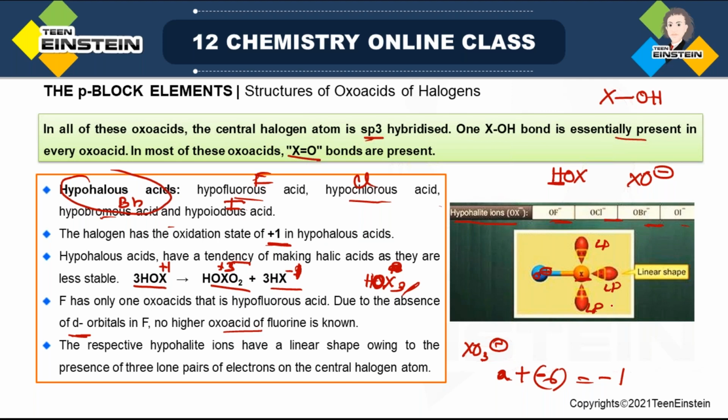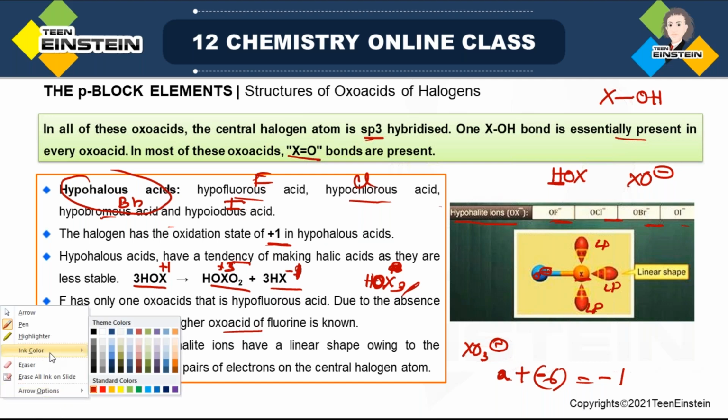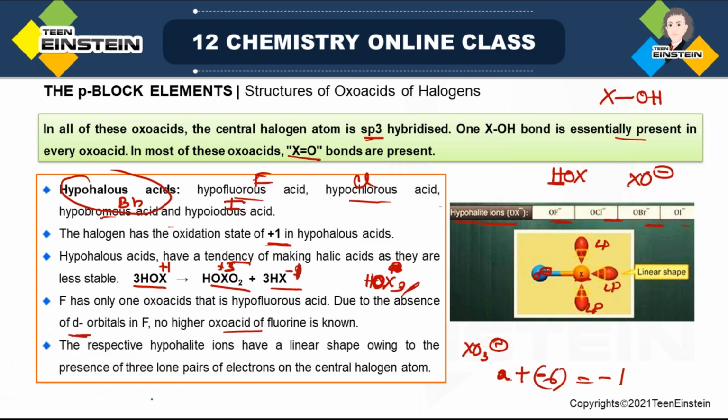You can see here we have 4 coordination for the central halogen. One side has 1 oxygen, so on the rest of the 3 positions there must be lone pairs. You can use the same formula that we have already seen in the structure of interhalogens. That means you can use the formula: half of V plus M plus or minus C. For the halogen, which is the central atom, valence electrons are 7, and M is the number of monovalent atoms attached.